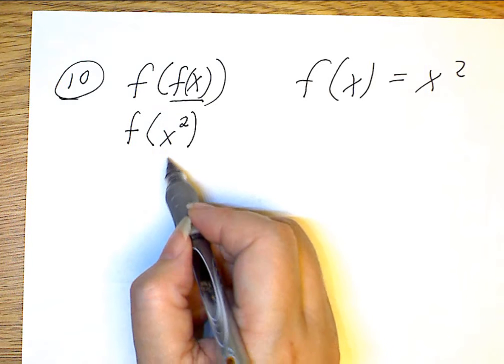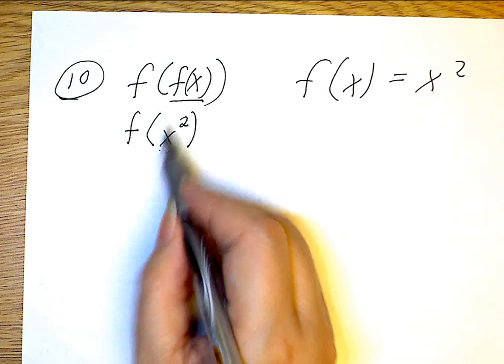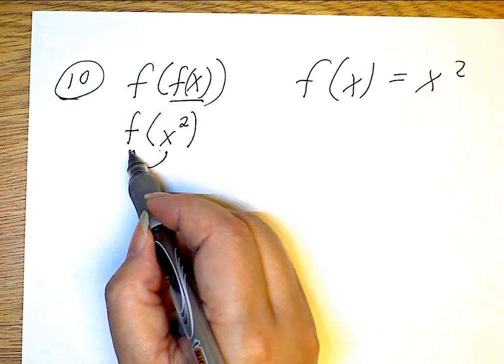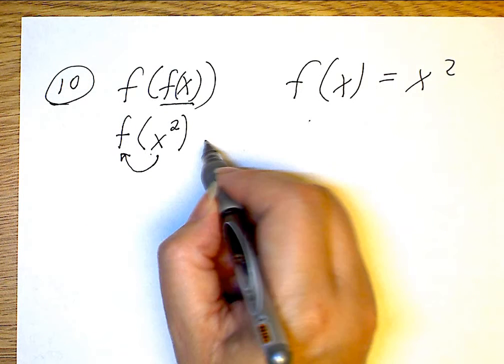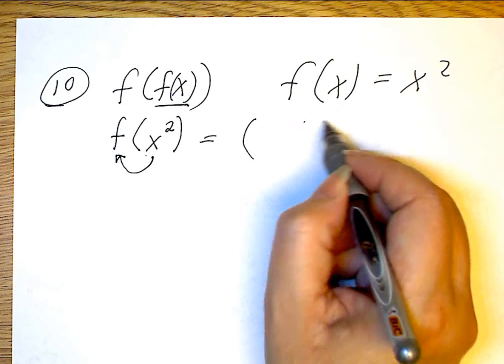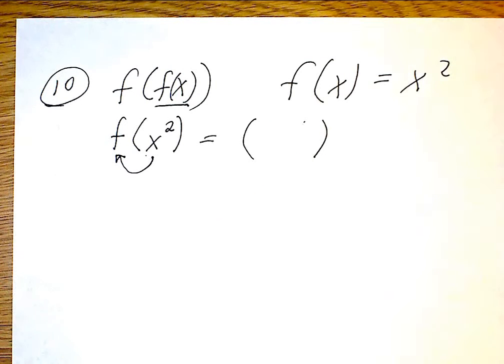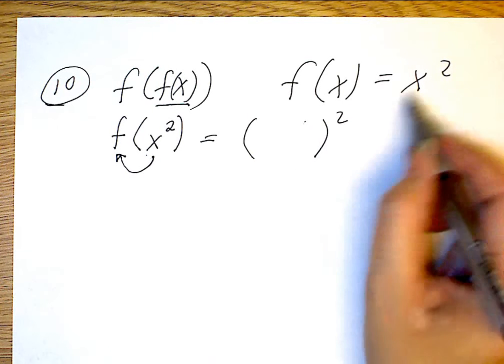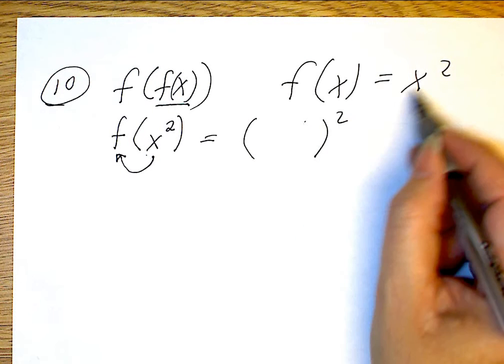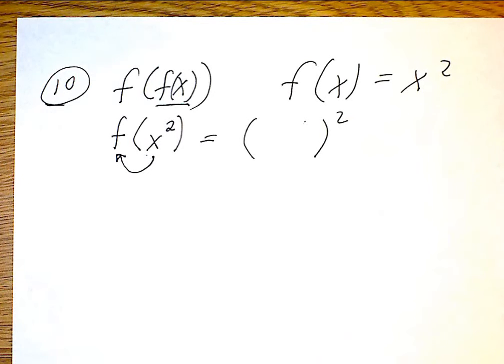You put in x squared for the x value of f. See how this is x? This could be an x, because remember they're just variables. So just put parentheses there, and squared. Do you agree that these two things are the exact same? Yeah. Okay. So write that down first.